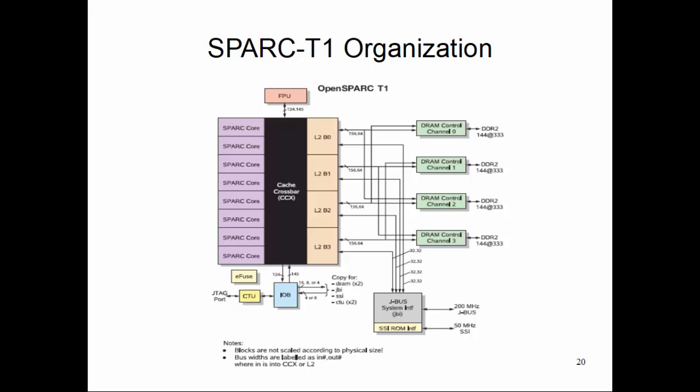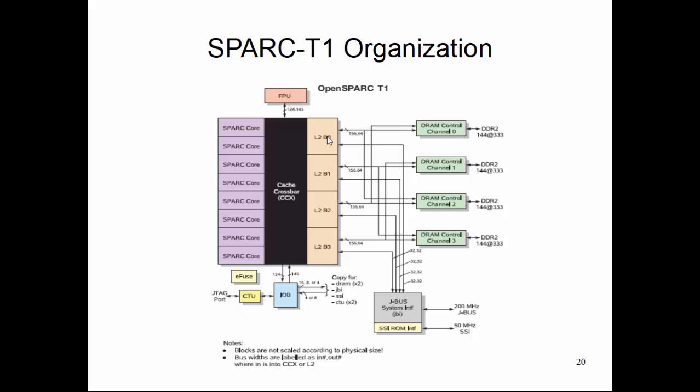So each SPARC core has, let's say at the max, 64 hardware threads, and each SPARC core has its own local memory, like local data memory and instruction memory, L1 data cache and L1 instruction cache. Then it has 4 L2 cache memories. They call each one a bank: L2 cache bank 0, bank 1, bank 2, and bank 3, L2B3. That's what it represents.